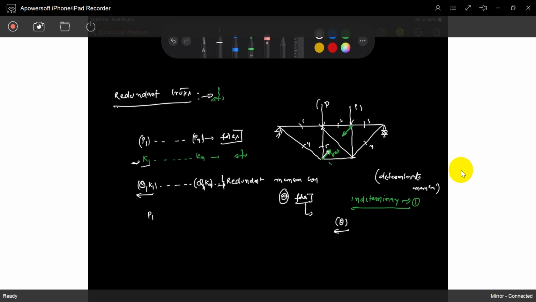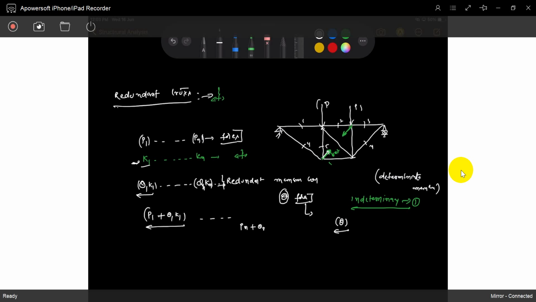So the actual real forces are P1 plus Q K1. Understood? Without the redundant, P1. With the redundant, it's Q K1 for unit K1. So the real force is P1 plus Q K1.